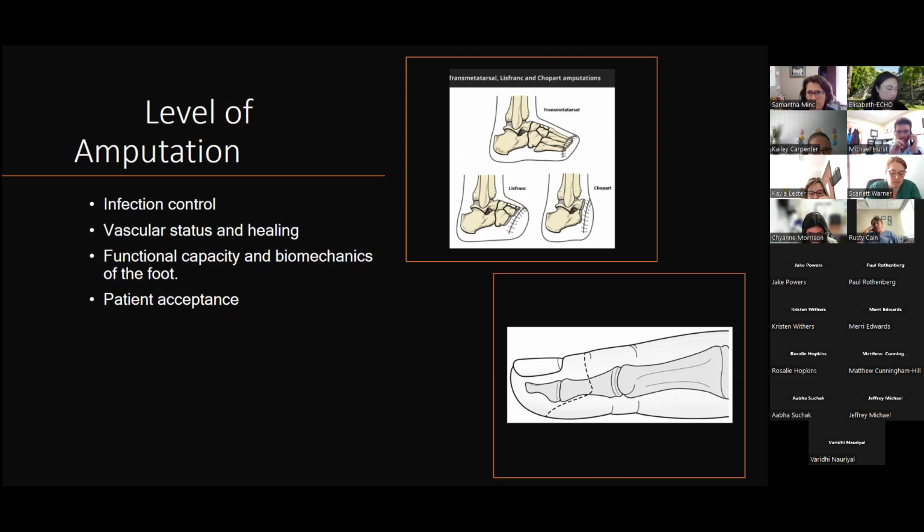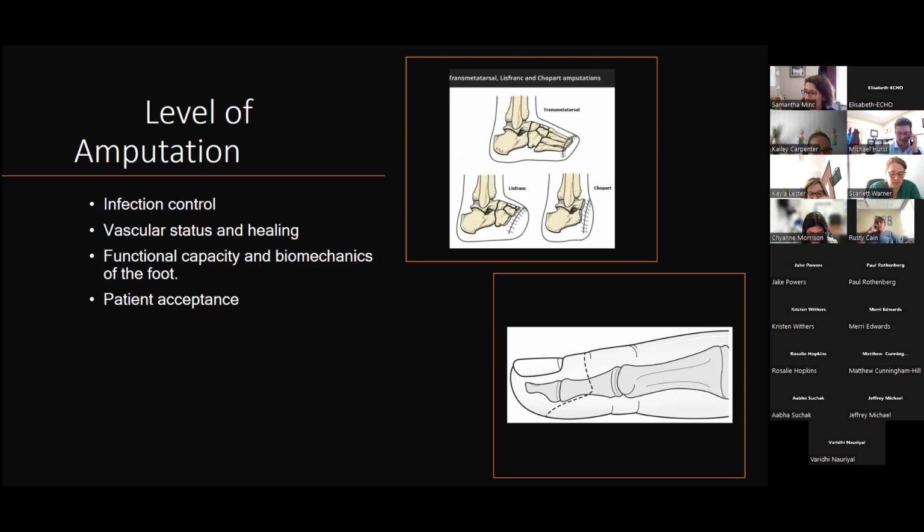So functional capacity also plays a role in that too. A patient that is going to be a lot more functional afterwards, depending on what that amputation level is going to be, is going to be better in the long term, as well as the biomechanics of the foot. So once you start getting a little bit more proximal in those amputations, you worry about the biomechanics of the foot.